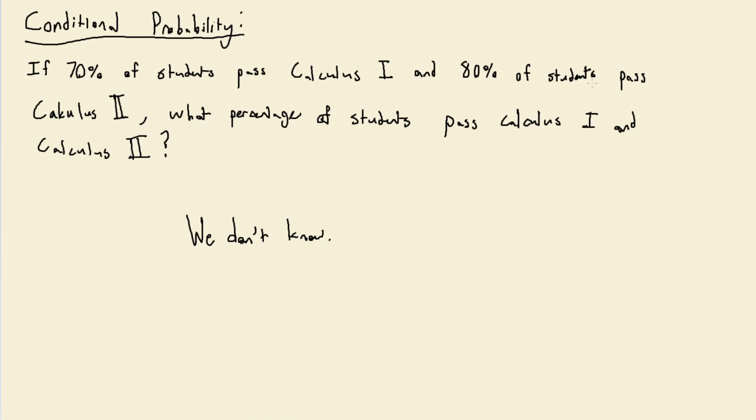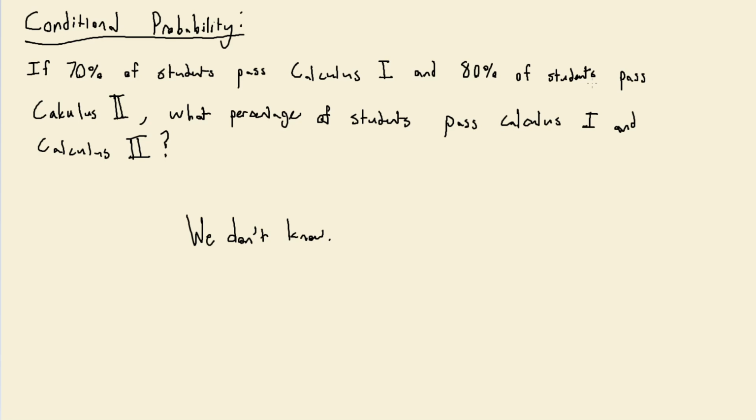The reason being is because these two events are not necessarily independent, meaning the act of passing Calculus 1 would influence your odds of passing Calculus 2. The two events are somewhat connected, and the results of one event can help to explain the results of the other event.